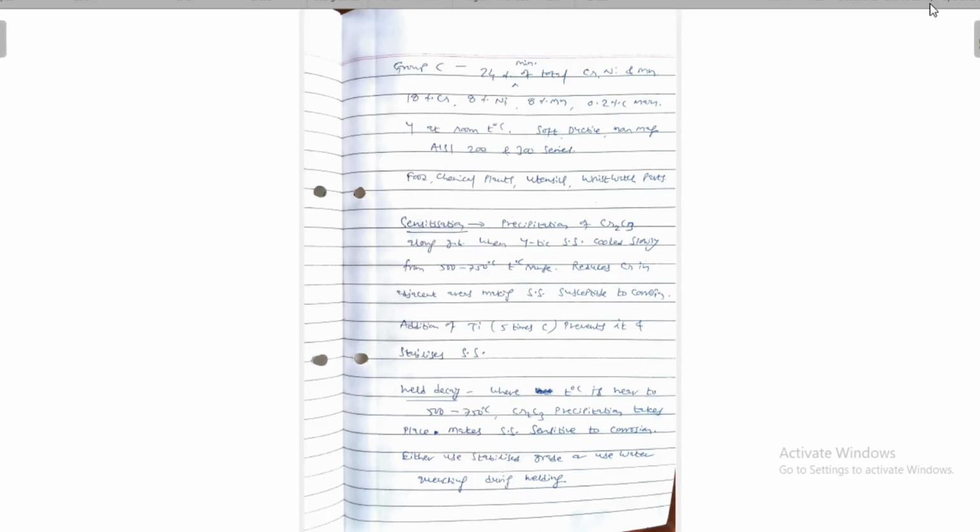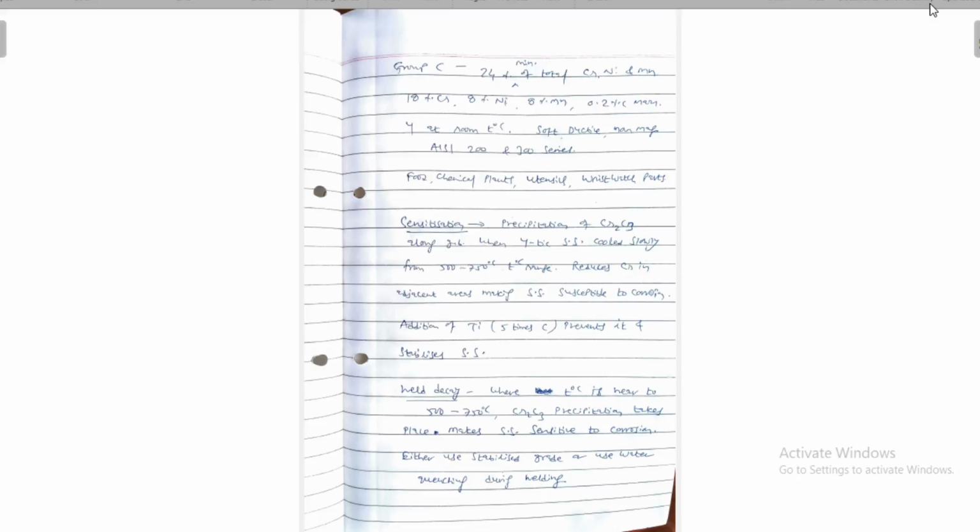But as we know, heat affected zones will be present in the welded structure. So wherever the temperature is near 500 to 750, if it is cooled at a slow rate, it will generate the problem of sensitization due to the precipitation of chromium carbide.